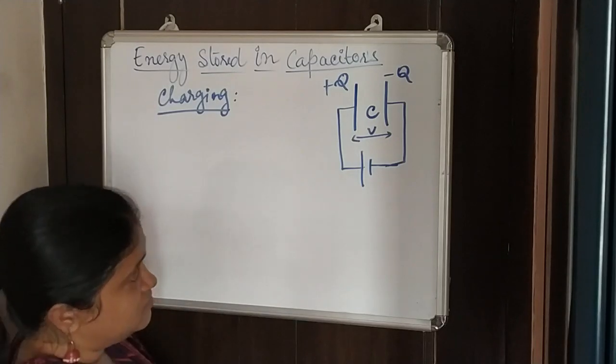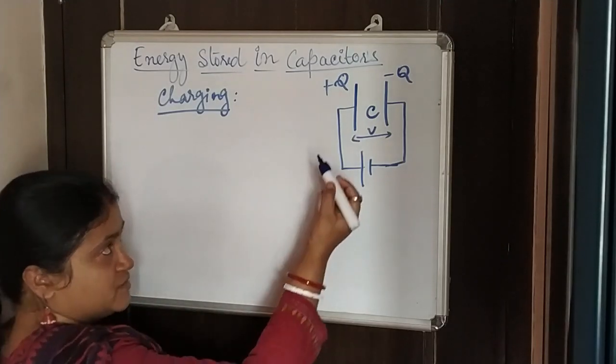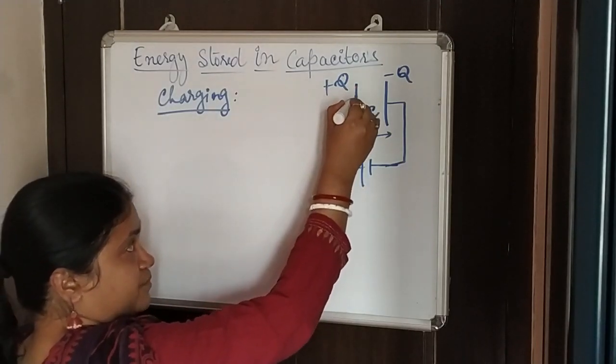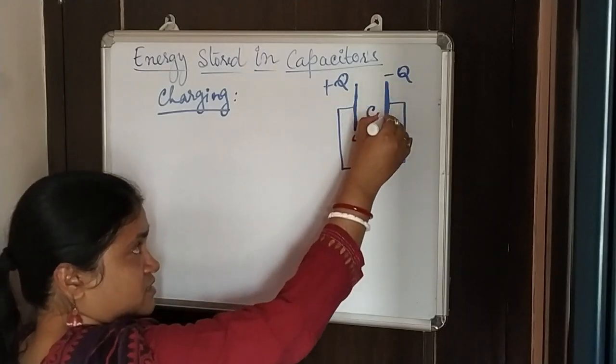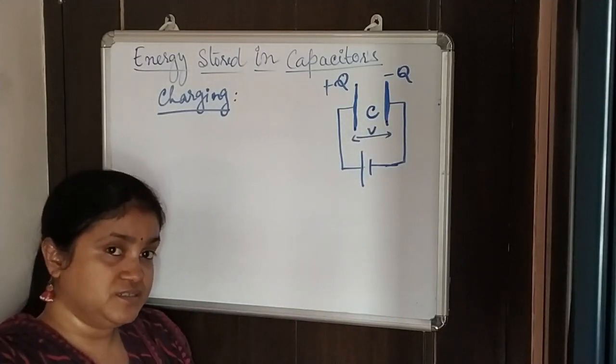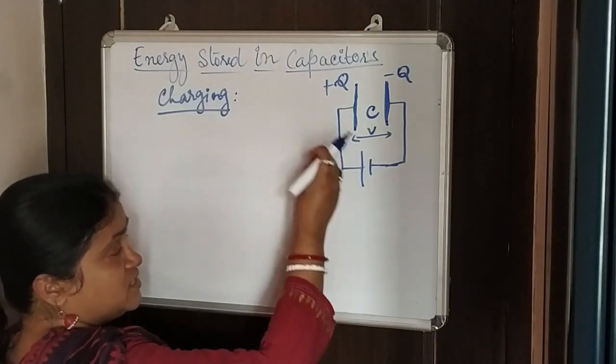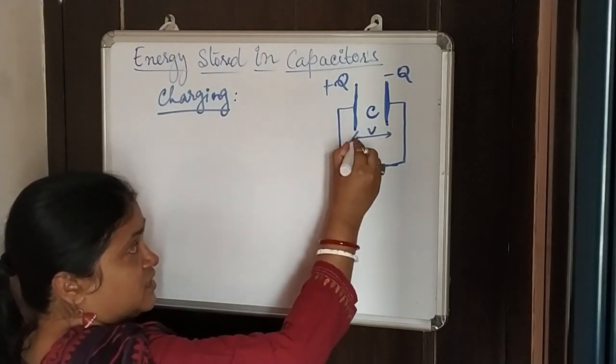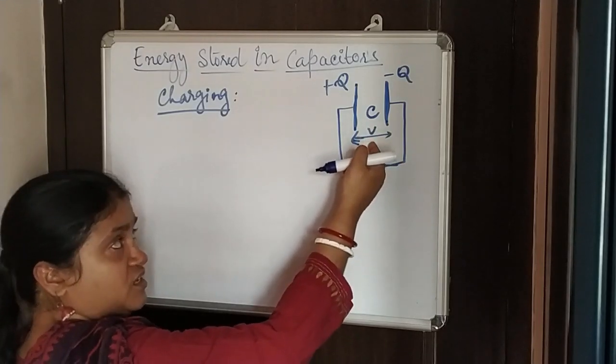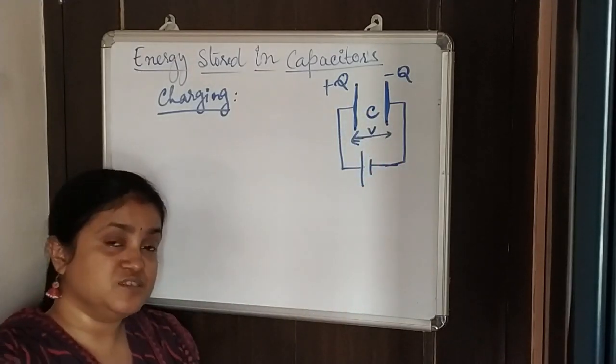During the charging, these plates start acquiring certain charge, and this is certainly dependent on the potential as well as the capacitance of the capacitor.